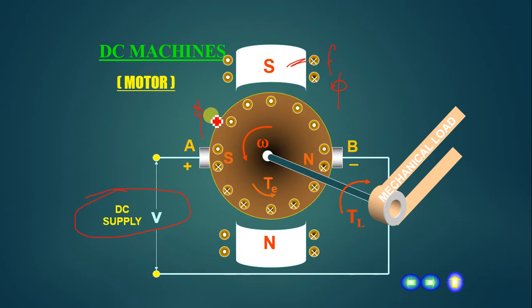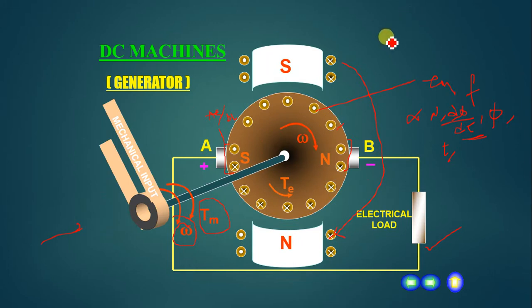Because of interaction between these two fluxes, it will tend to rotate according to Fleming's left hand rule. The generator functions according to the right hand rule, and the fundamental principle is Faraday's laws of electromagnetic induction.